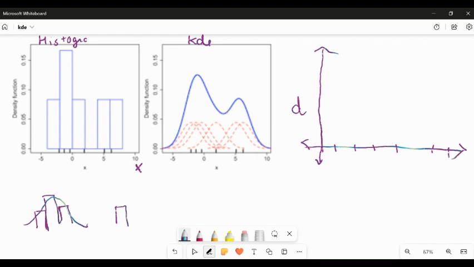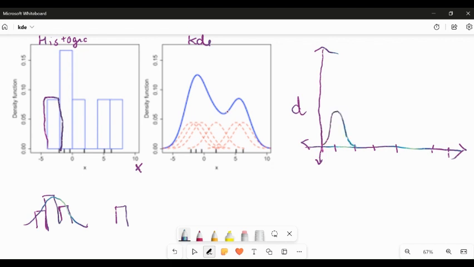For every data point over here, calculate the mean, that is, calculate the average value, and based on that, draw a normal distribution.